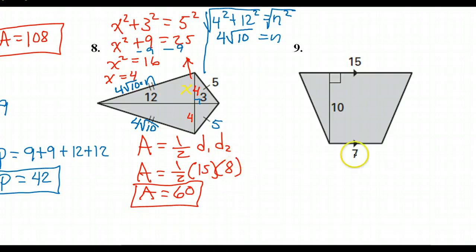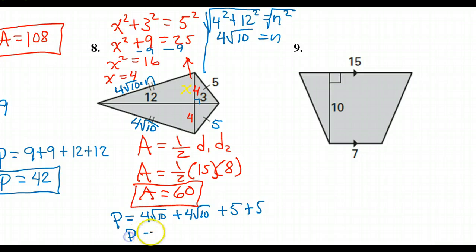Okay, now I can find the perimeter. So my perimeter is going to be 4 radical 10 plus 4 radical 10 plus 5 plus 5. Alright, 5 plus 5 is 10, and 4 plus 4 is 8, so that'll be 10 plus 8 radical 10.